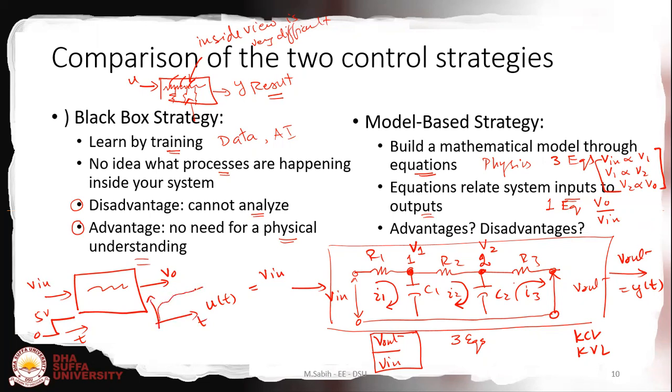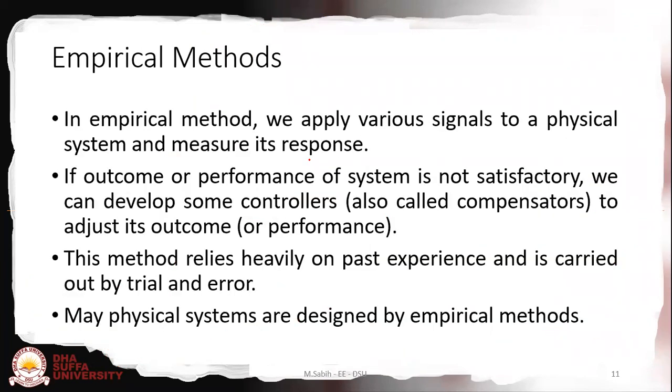It may come like this, और फिर इससे there are some methods through which we directly use V in, और इसका हमारे पास कोई इक्वेशन आ जाएगी, s minus 1 upon, let's say, s square plus 2s plus 5, through some identification. But we will have no idea about कि इसमें I2 क्या है, इसमें V1 क्या होगा, इसमें V2 क्या होगा. ठीक है, ये दोनों हमारे पास कोई आइडिया नहीं होगा. Okay, so these are the advantages and disadvantages in both cases.